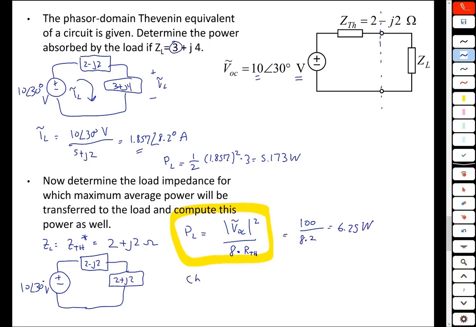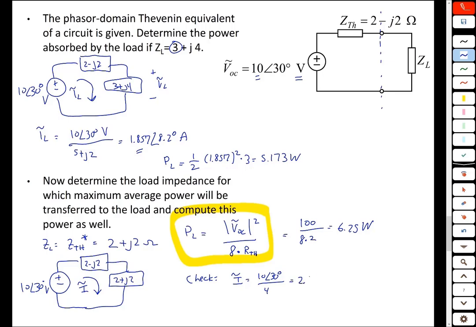We can check that answer by calculating the current going through the load and then using a different equation. So the current through the load, I, is what? 10 at an angle of 30 degrees divided by 2 plus j2 plus 2 minus j2, or 4.